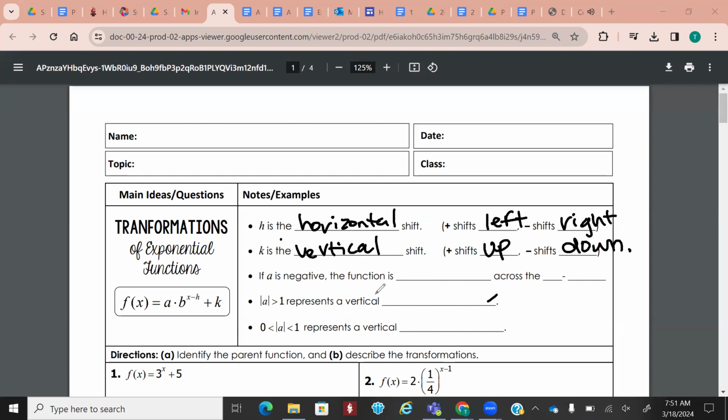Okay, A greater than 1 is going to represent a vertical stretch. We've talked about that before. If it's less than 1, it's going to be a compression. If A is negative, it's going to be reflecting.